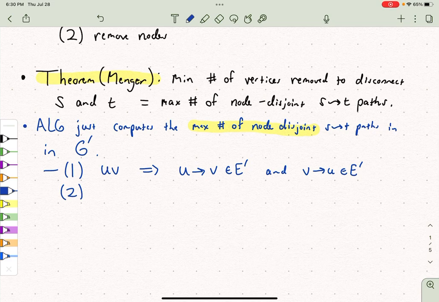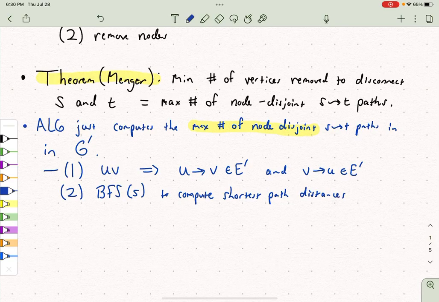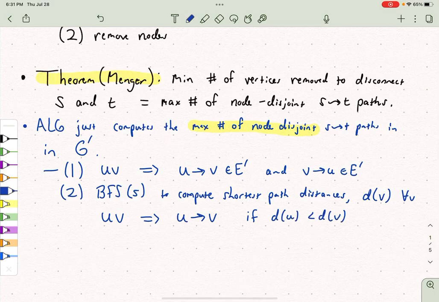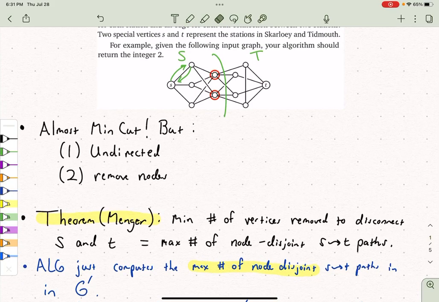It's very straightforward. It's not very complicated. But there's a more intuitive thing that we could do, which is we could run BFS starting at S to compute shortest path distances, so D of V for all V. And then what we could do is say the edge U to V becomes the directed edge U to V if D of U is less than D of V. So intuitively, this is saying if our edge goes from an early vertex closer to S to a farther one, then we direct it from left to right.